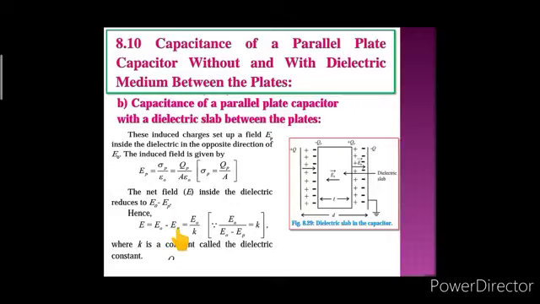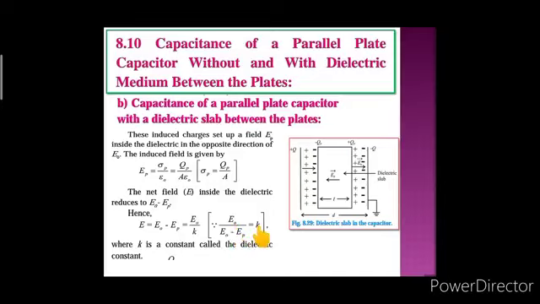Now we can write it as equal to E0 upon K, where K is a constant called the dielectric constant, and the value of K is given as E0 upon E0 minus EP. That means the dielectric constant is the ratio of the original electric field to the net electric field.